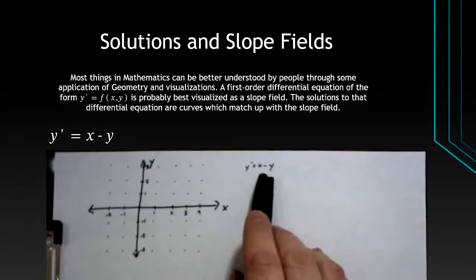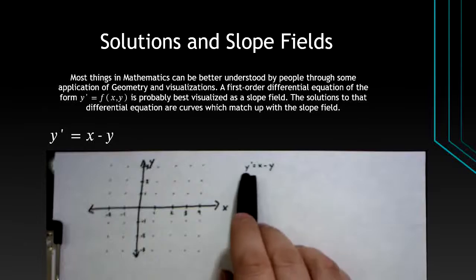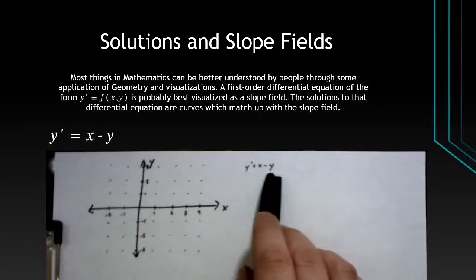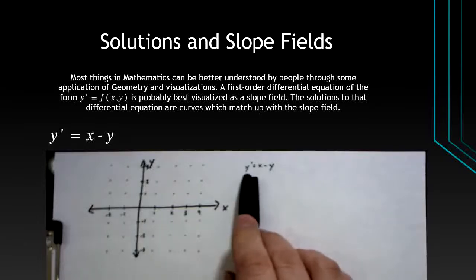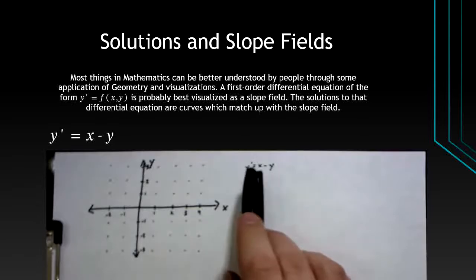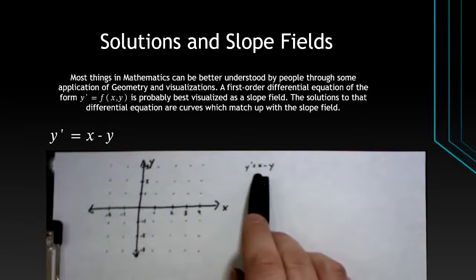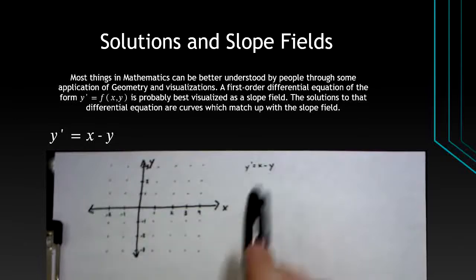All right, so when y prime equals 0, then we're going to have a slope of 0, because that's what y prime is. So when x is equal to y, then x minus y will be equal to 0, and y prime will be equal to 0.